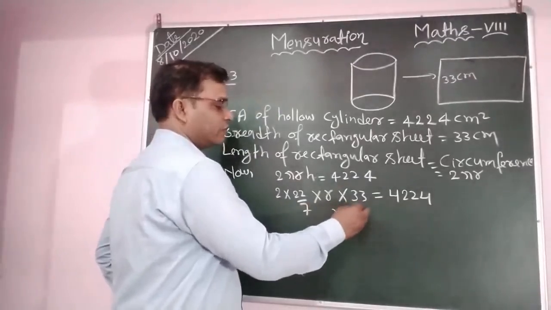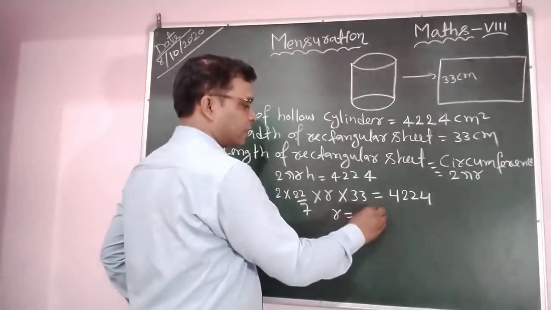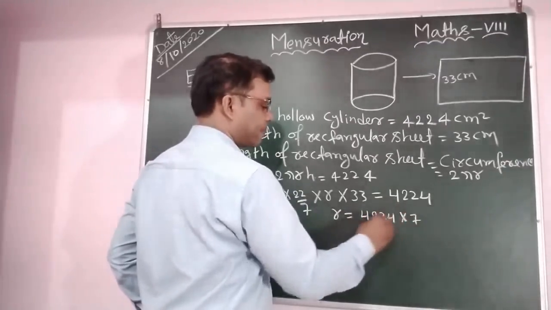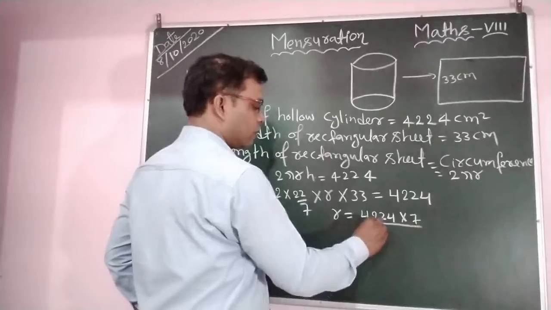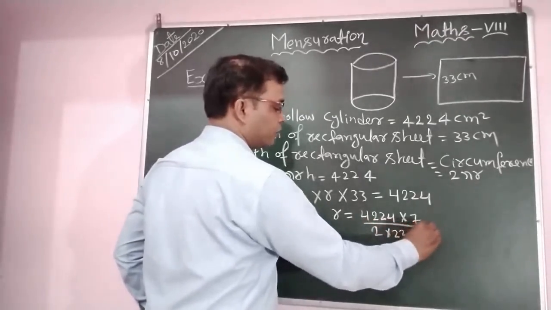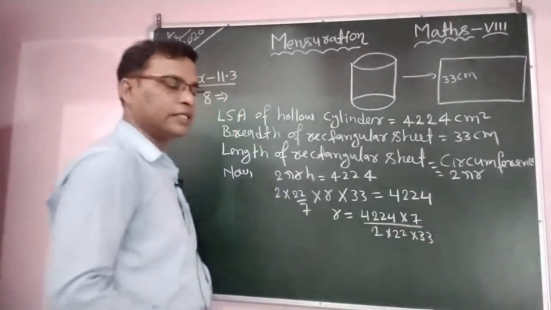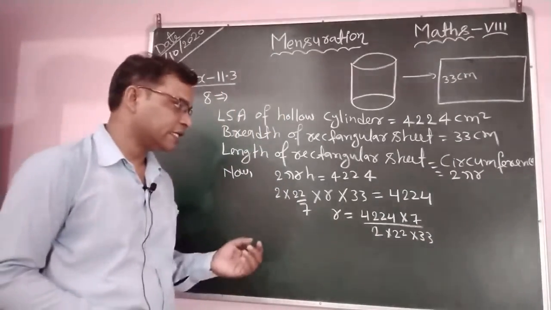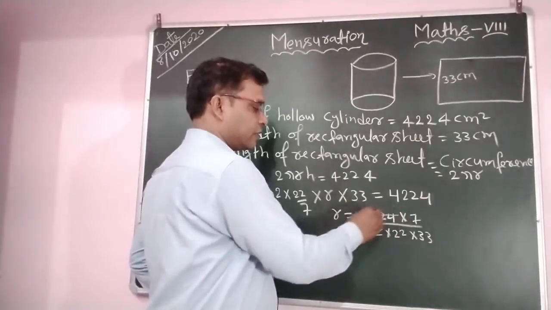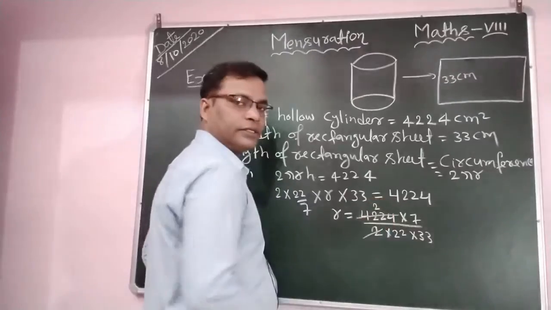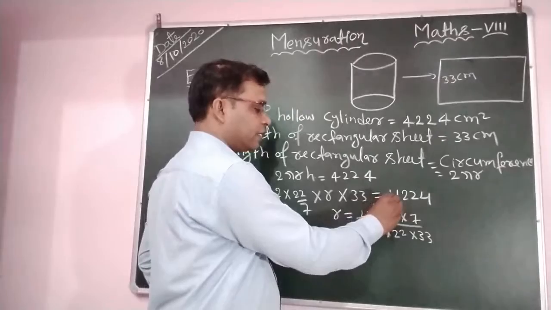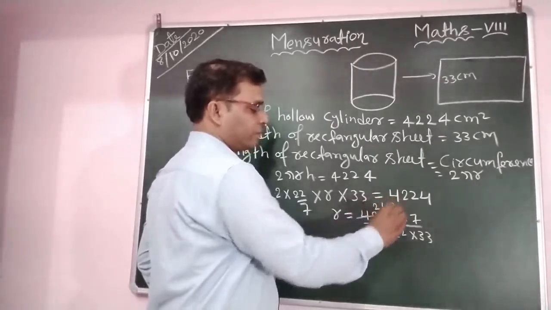Now if we transpose all these numbers to the right hand side except r, we obtain the value of r equal to 4224 into 7 by 2 into 22 into 33. Clear? If you cancel it by 2, then we obtain here: 2 into 2 is 4, 2 ones are 2, 2 ones are 2, and 2 twos are 4.